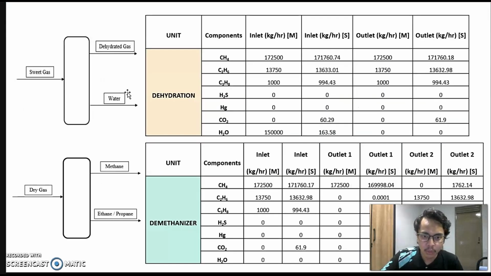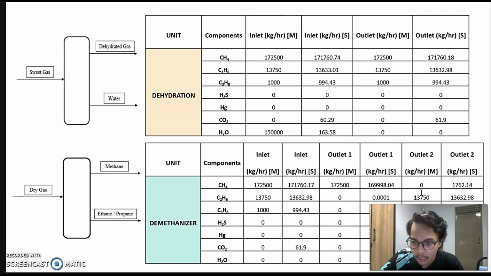Alright, the next one is dehydration. As you can see here, the inlet is 150,000 in the manual and 163 in the simulation, and both of these after dehydration display 0, which is complete removal of water. So the natural gas is totally dehydrated without containing any water. And the next one is demethanizer, where we want to separate methane from ethane and propane.